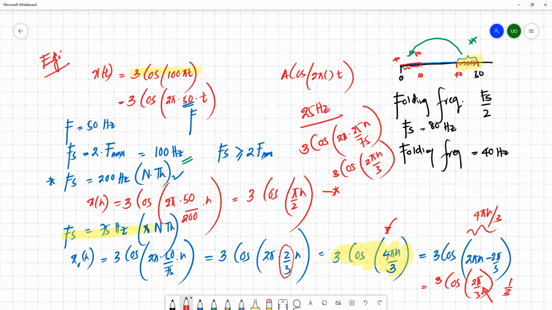So if you select your sampling frequency at 75 hertz, the frequency of 25 hertz is simply overlapping, or aliasing, with the original signal. This is a 50 hertz signal. If you take a signal with 25 hertz and sample at 75 hertz, 50 hertz and 25 hertz overlap.